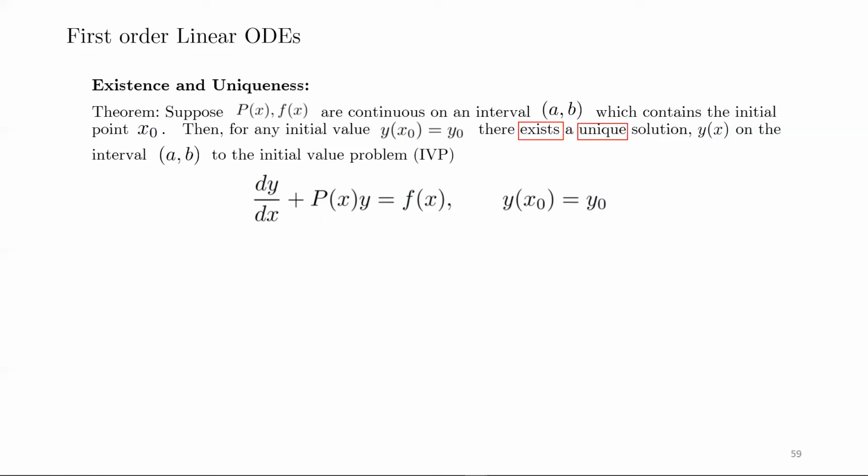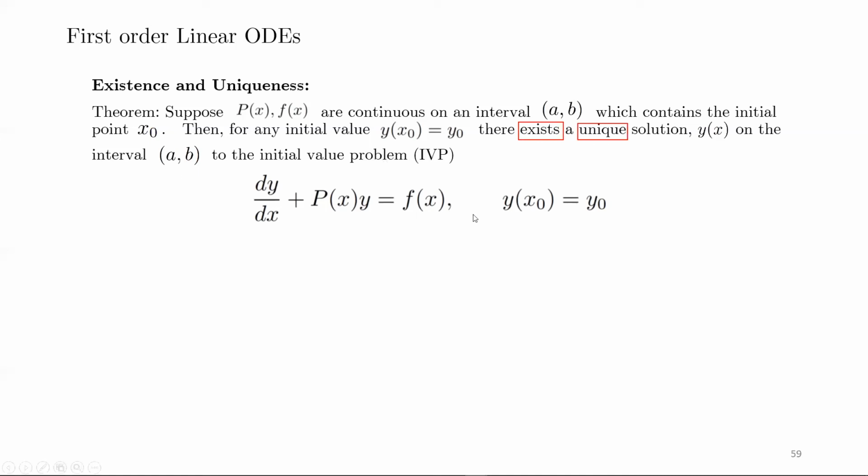Okay, so again, this does look a little bit similar to the original existence and uniqueness theorem, but in fact this is giving us a little bit more. The existence and uniqueness theorem previously said we were only guaranteed to have a unique solution on some rectangle in the region of the initial point.